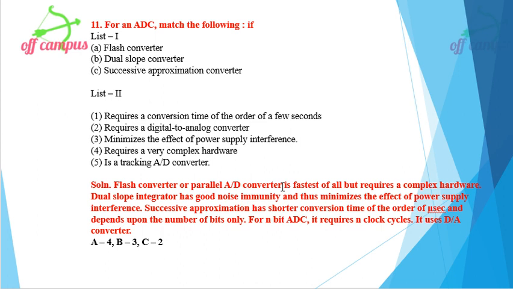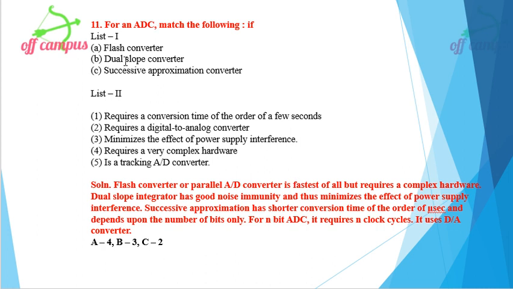But what is the disadvantage of this flash converter? It requires a complex hardware. So flash converter matches with requires a very complex hardware. Flash converter, what is the other name? Parallel AD converter. It is the fastest one, but the disadvantage is that it requires a very complex hardware.